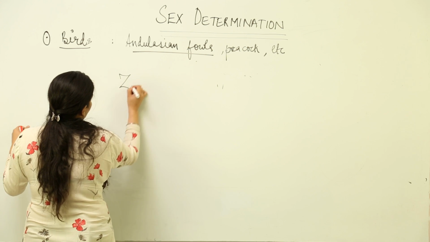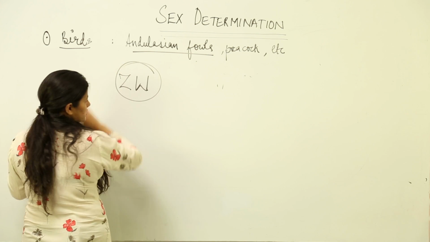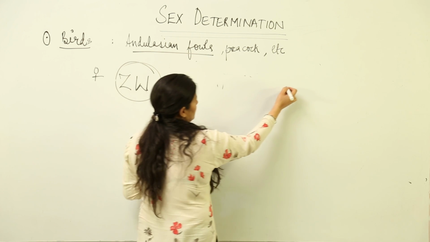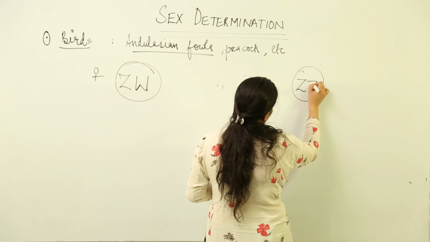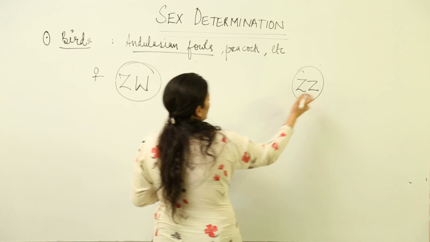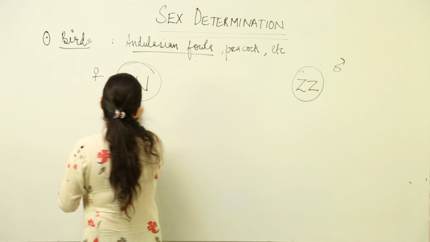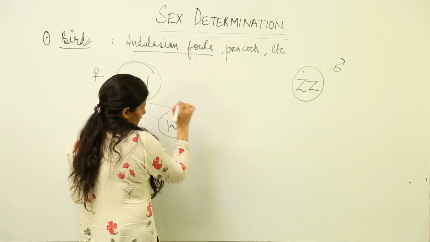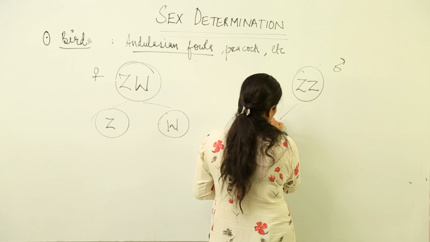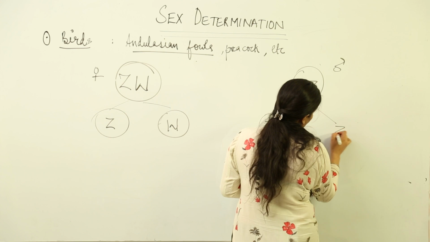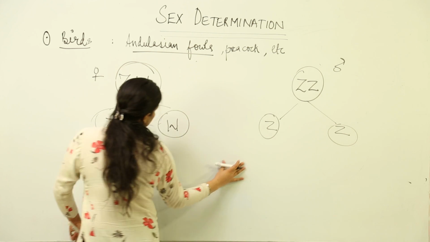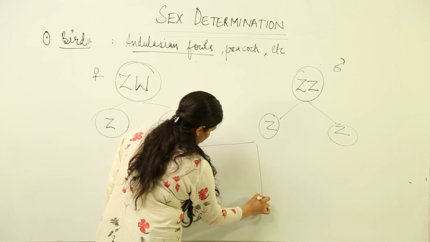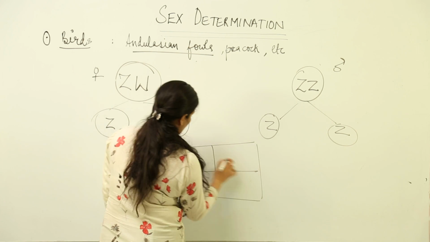Supposedly we take a female with this allosomic composition. This is the female. We are considering the parents. This is the male. As the chromosomes segregate, the gametes will have this composition. The male forms 100% similar gametes, while the female has 50% Z, 50% W. When the crosses are made, what would be the probabilities?